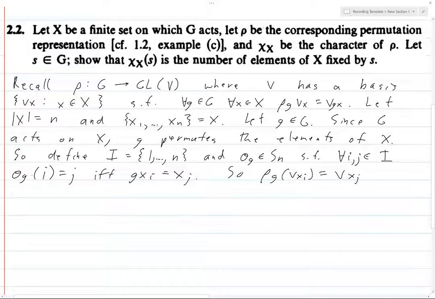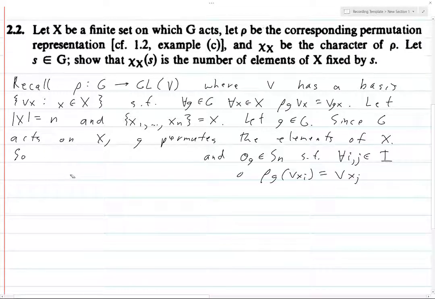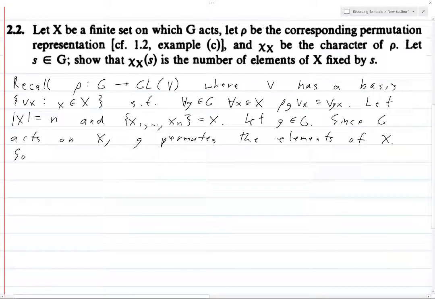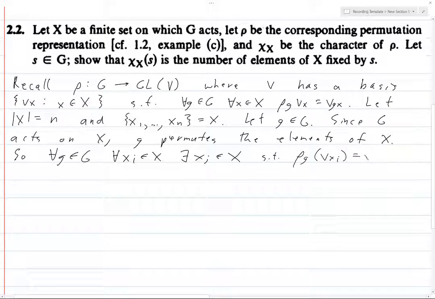So here, I'm going to redo this actually. I'm doing this on the fly, and that's dangerous. So for all g in G, for all xi in X, there is some xj in X such that rho g of Vxi equals Vxj.